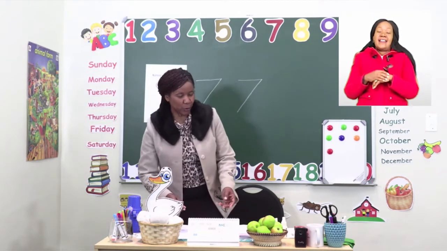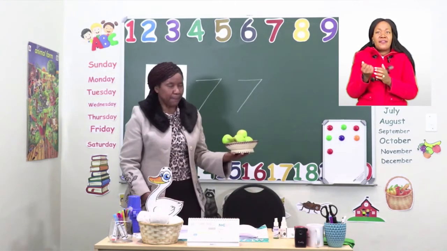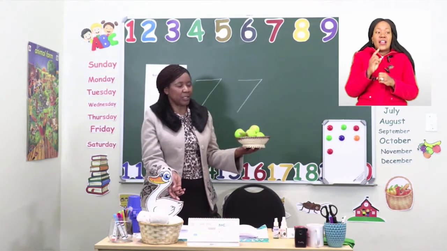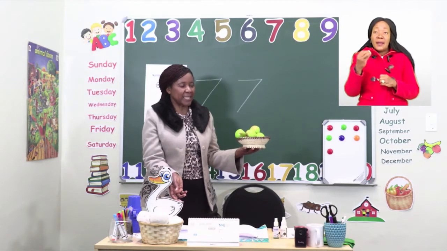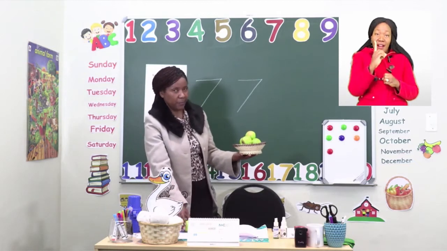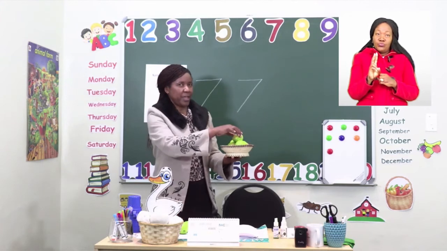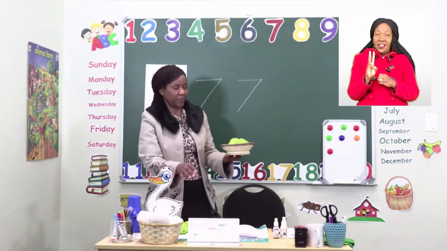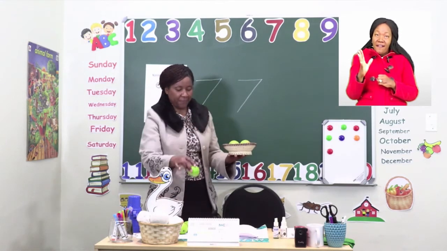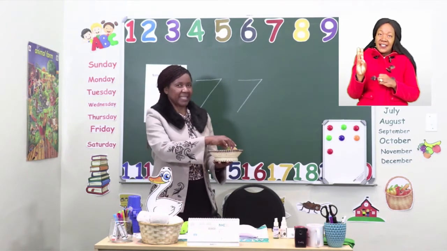Now, I would like you to look at my small basket that I have here. I have some apples with me. I would like us to count as I take them out of the basket and place them on the table, and we count together. 1, 2, 3, 4, 5, 6, 7.